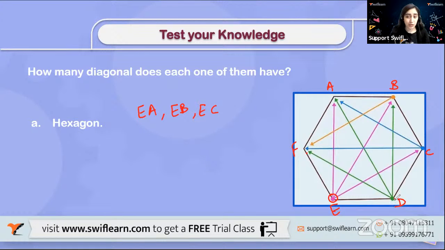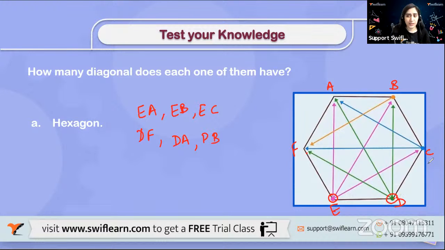Let's move to point D. Similarly, from D, E is the near one, C I have a way to go, whereas for F, A, and B, I need a bridge. So I have to go in some other way. So I'll say that DF, DA, and DB are diagonals. So from these 2 points, I've got 6 diagonals so far.